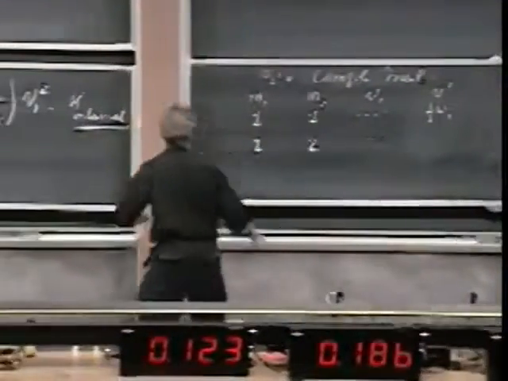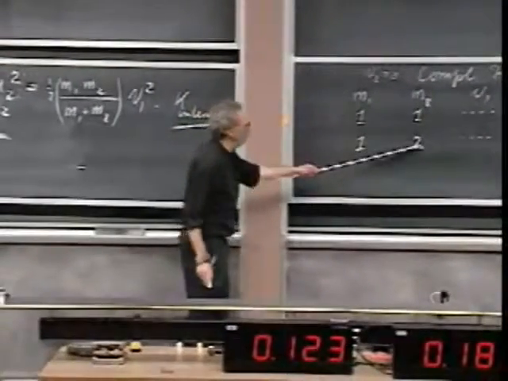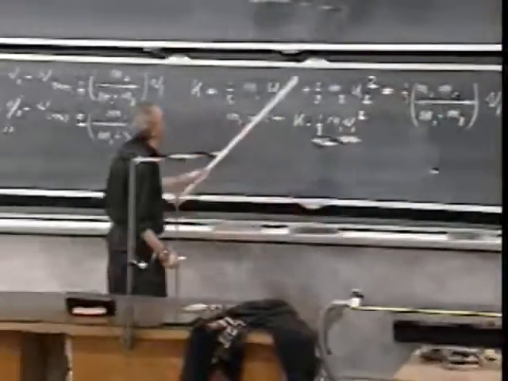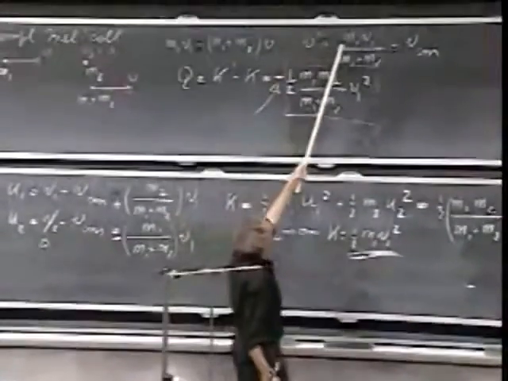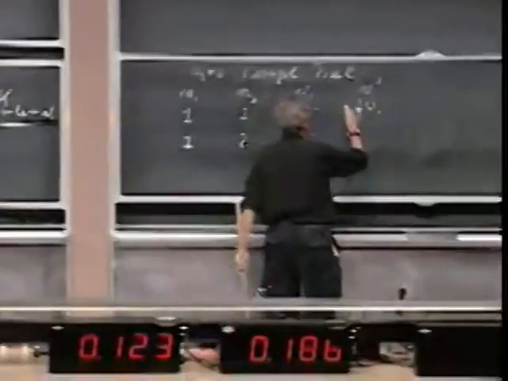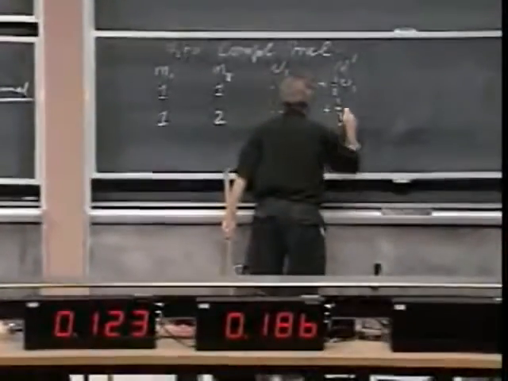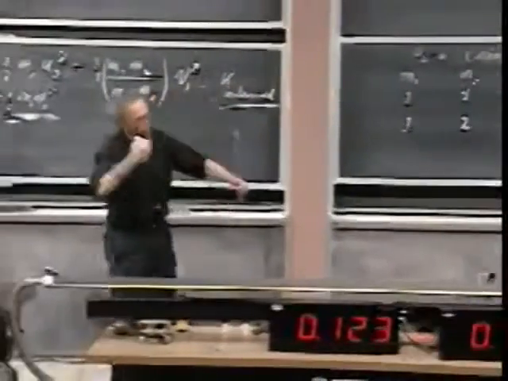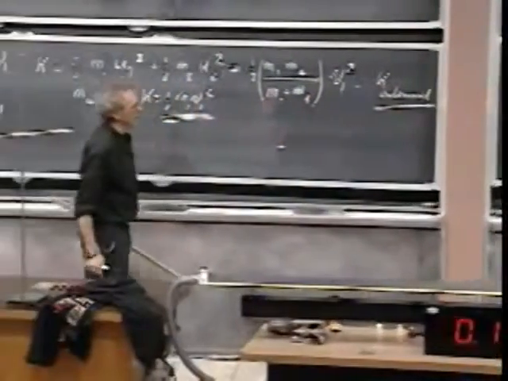Now I have a mass which is half the other one. I plow it into the other. They get stuck together. And now I get 1 divided by 1 plus 2. I get 1/3. Notice in both cases I get a plus sign. That's of course obvious. If I plow into something and they stick together, they continue in the same direction.